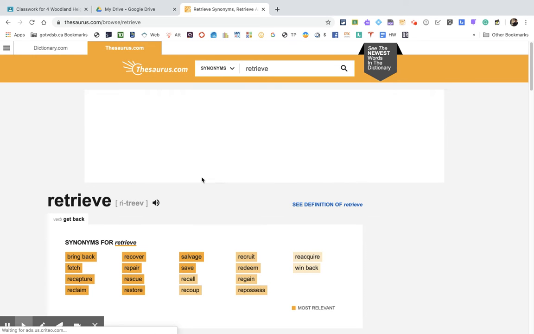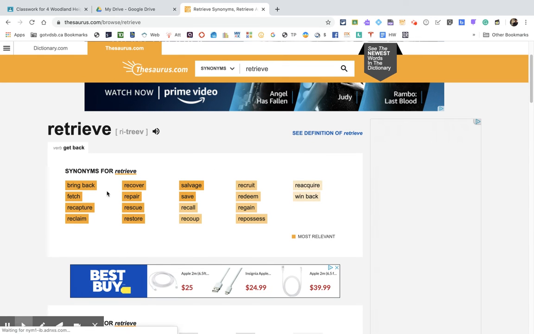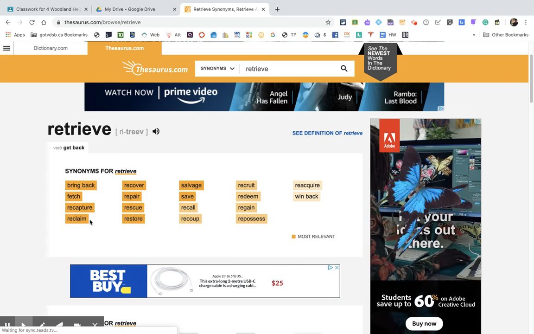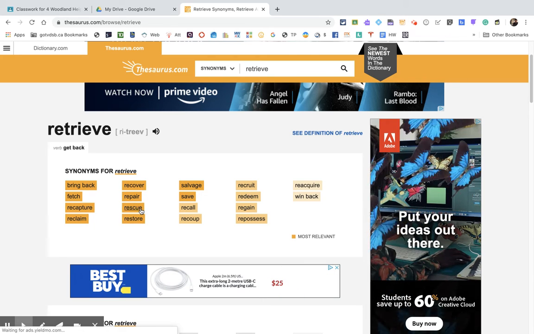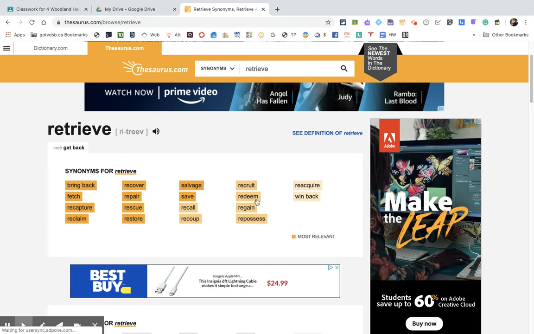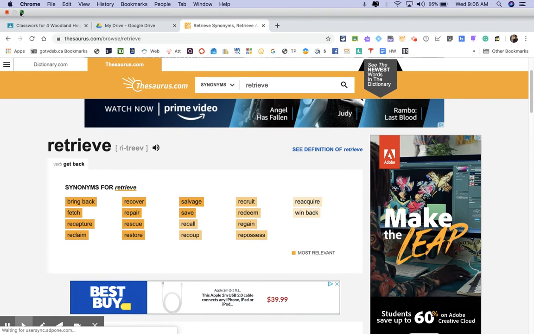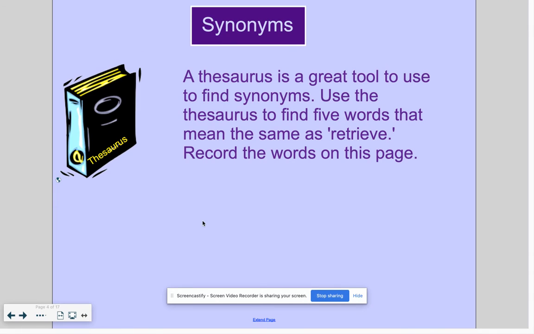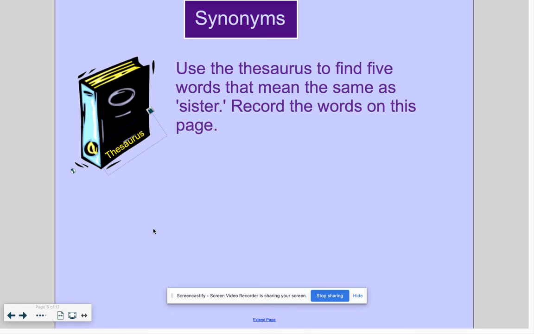So here's a whole bunch of words that mean retrieve: bring back, fetch, recapture, reclaim, recover, repair, rescue, restore. A lot of RE words: salvage, save, recall, recoup, recruit, redeem, regain, repossess, win back, and reacquire. So those are just a few words that the online thesaurus came up with that mean retrieve.